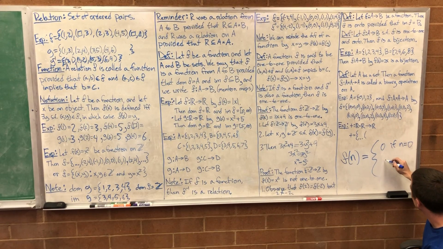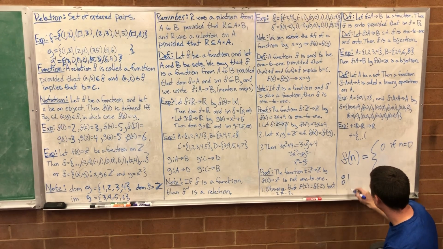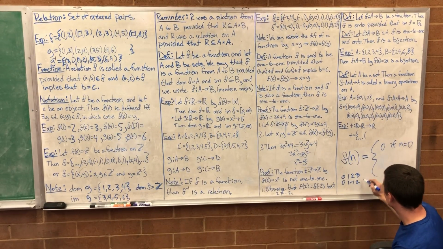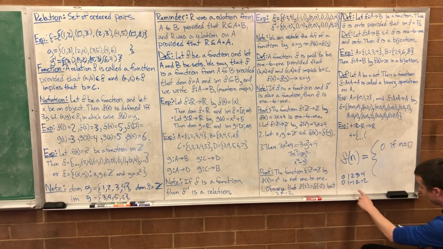And then, let's see, how would I want to do it? I want to do 0 to 0, 1 to 1, 2 to negative 1, 3 to 2, and 4 to negative 2. So I'd want to follow a pattern like that.